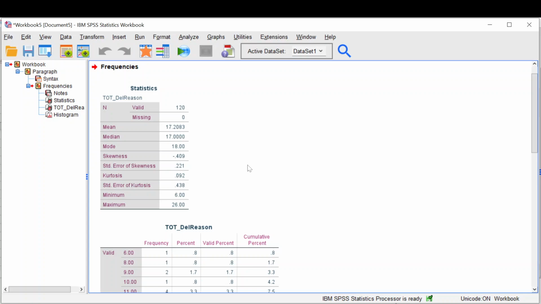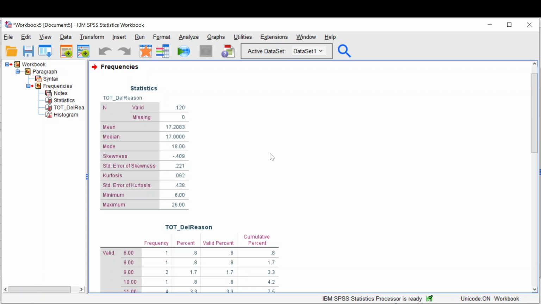That is, are people identifying 2s and 1s and 3s on the scale of 1 to 7, or are they choosing 5s, 6s, and 7s? Because that will tell us whether people are noting all of these as reasons for the delay of the bus. So we would like a skewness value of between minus 0.5 and positive 0.5 to say that the data is normally distributed. In other words, we don't have skewness in the data set.